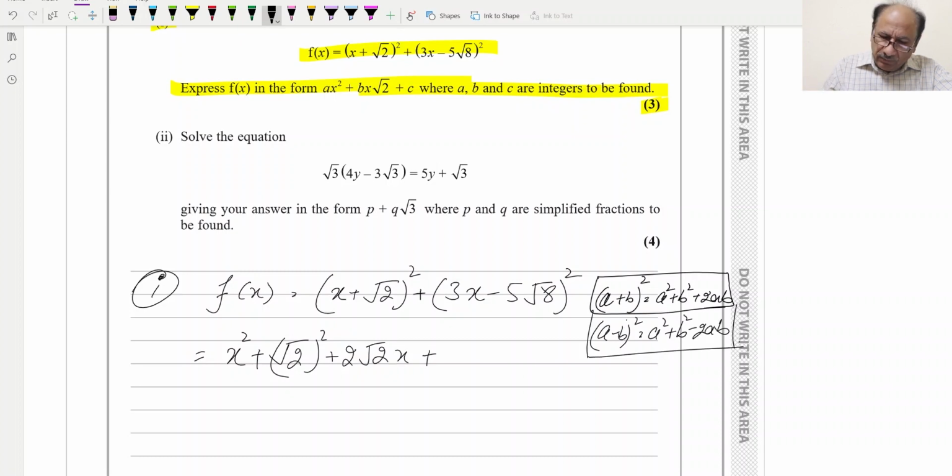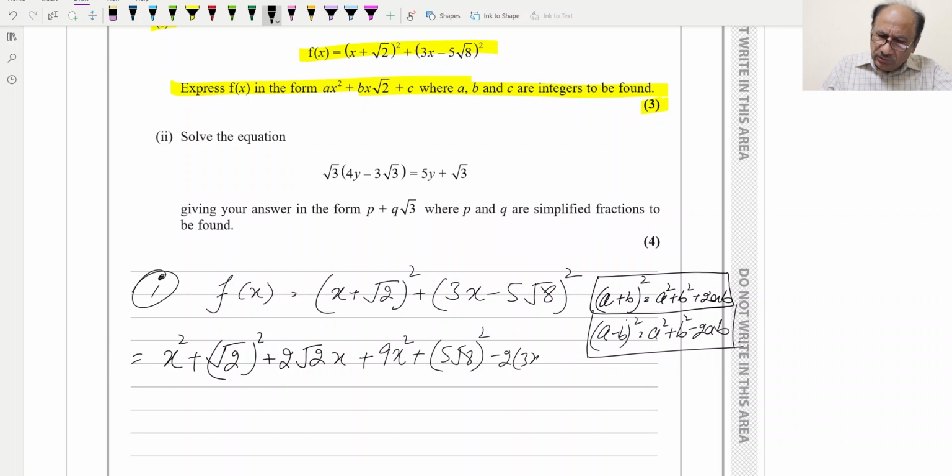So we can apply, this will be 3 squared, and we can shift here. So 3 squared will be 9x squared, and plus this will be 25 into 8, or we can write (5 root 8) squared, and minus 2 into 3x into 5 root 8, this one.